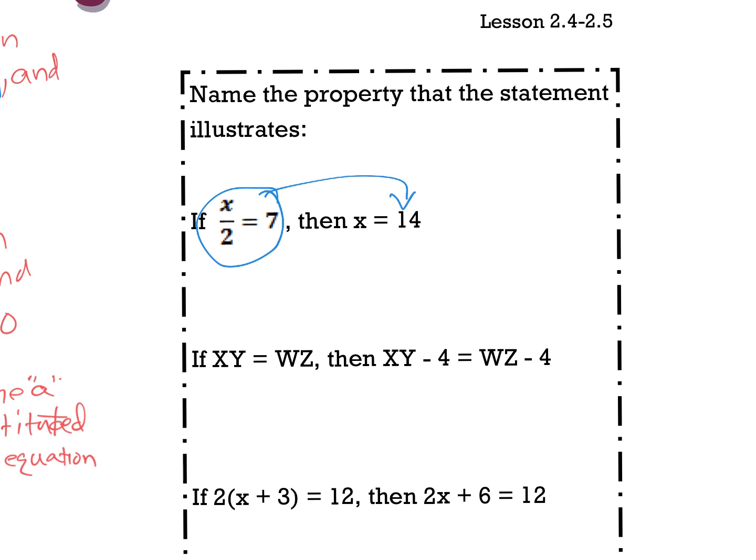What is the opposite of division? Multiplication. So you're going to multiply both sides right here by 2. So those cancel out. So x equals 2 times 7, which is 14. So you're multiplying it by 2. So this is multiplication property.